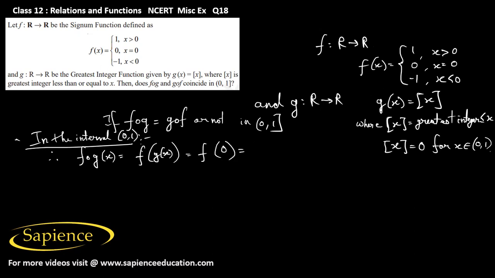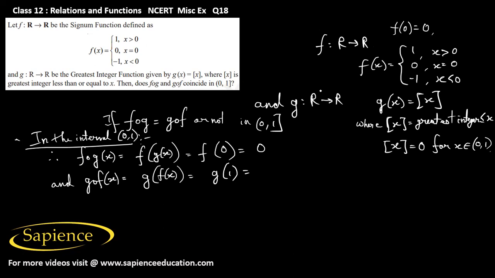Here f of 0 is 0, and if we take slightly more than 0, that will be 1, and slightly less than 0, that will be -1. So f of 0 will be 0. And g of f of x: from 0 to 1, x is greater than 0, so f of x is 1, so that will be g of 1.